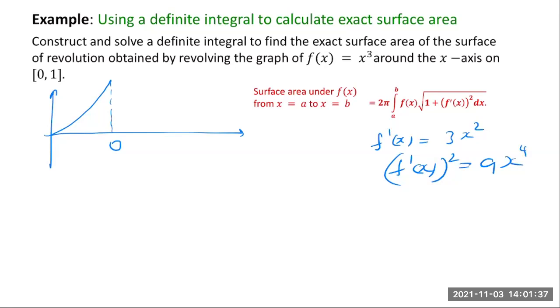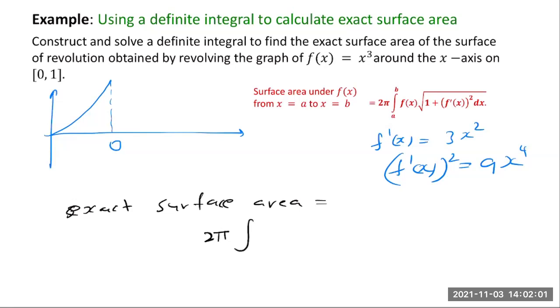Now I can go with the formula to find the exact surface area. The exact surface area is equal to, oh, I should have 2 pi in front, 2 pi times the integral.